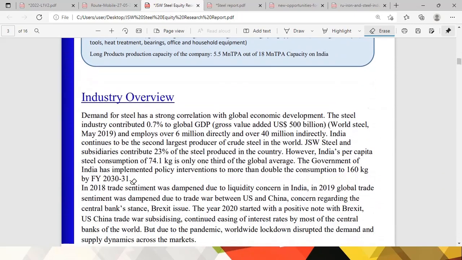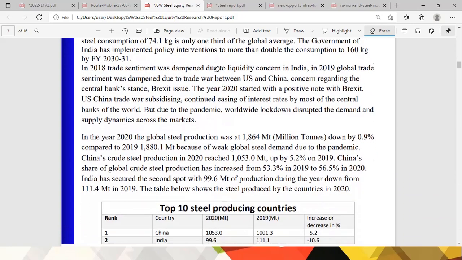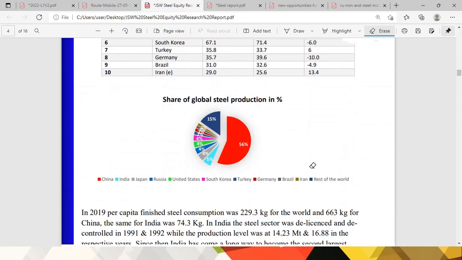Then I have given an industry overview in which this company belongs. Then I have shared top 10 steel producing nations and what is their production capacity and their increase or decreasing trends in production.